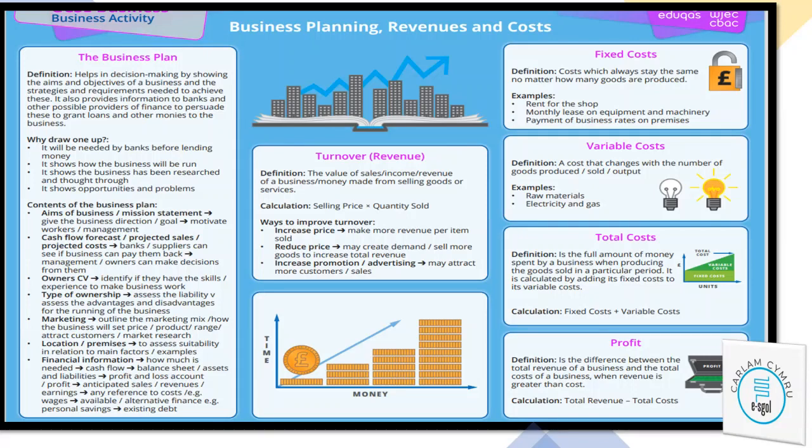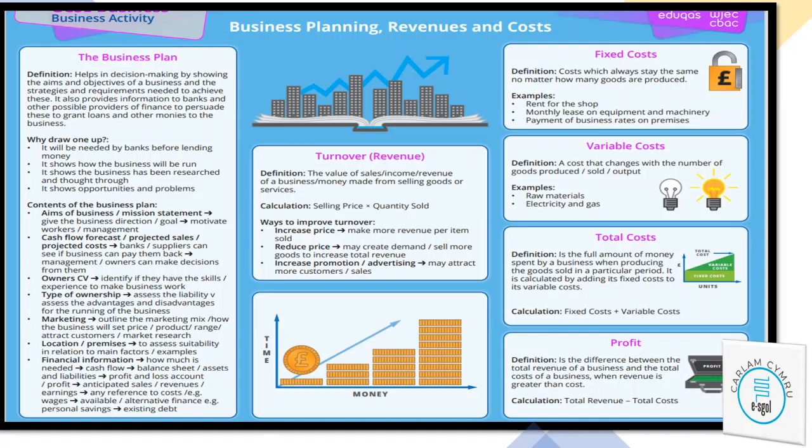So the contents of a business plan will be things like aims and objectives, mission statements, a financial section, and then you've got cash flow, projected sales and costs. You might have the owner's CV in there. You might have the type of ownership it is. So is it a sole trader? Is it a partnership? Is it going to be a private limited company?